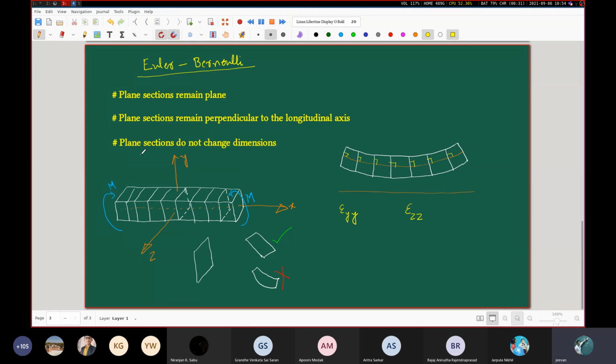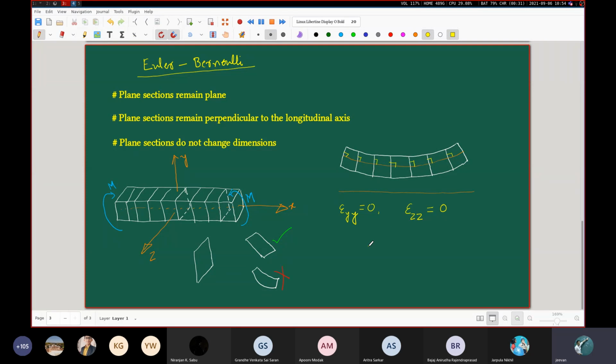If we are saying that plane sections do not change dimensions, the immediate implication is that epsilon yy is equal to 0 and epsilon zz is equal to 0. We know for a fact that these two things will in reality break down, but they do not break down so strongly that the theory itself becomes invalid. They do break down, but only to a little extent.